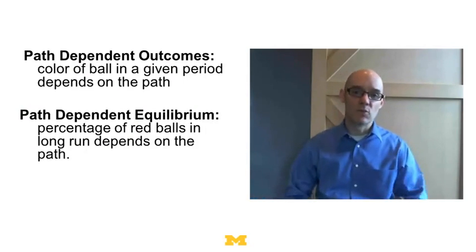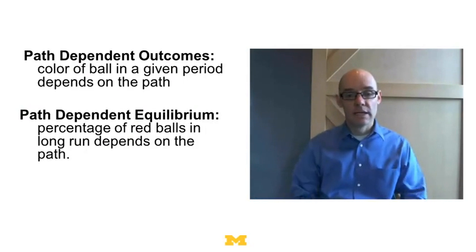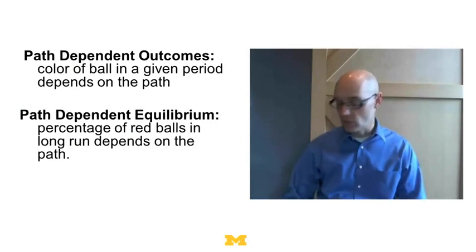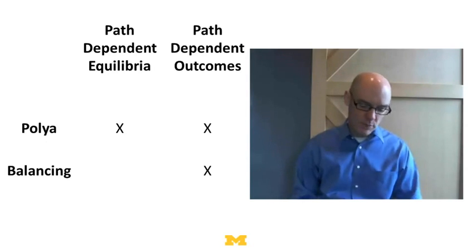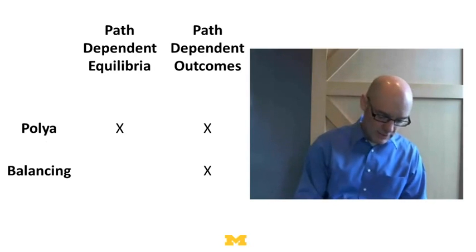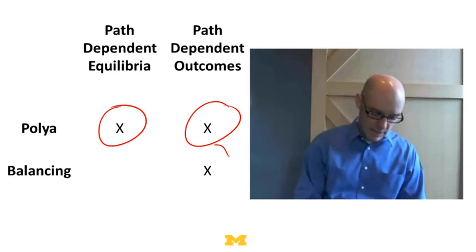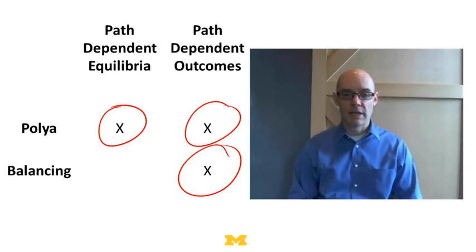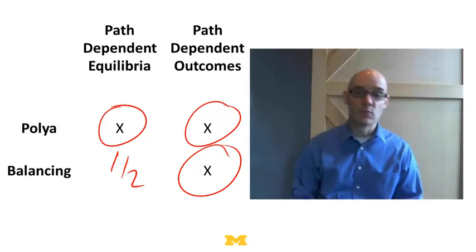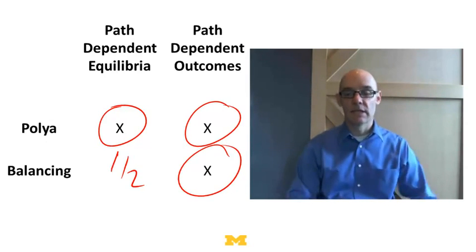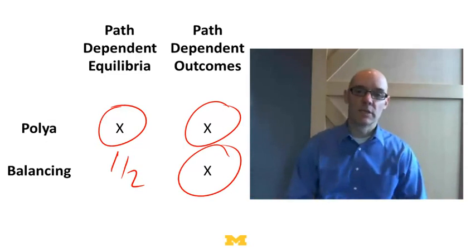Path-dependent equilibrium means what happens in the long run depends on the process along the way. So the Polya process has both path-dependent equilibria and path-dependent outcomes, but the balancing process only has path-dependent outcomes. The equilibrium is always 1/2. It doesn't depend on what happened along the way. It's always going to end up with equal amounts.